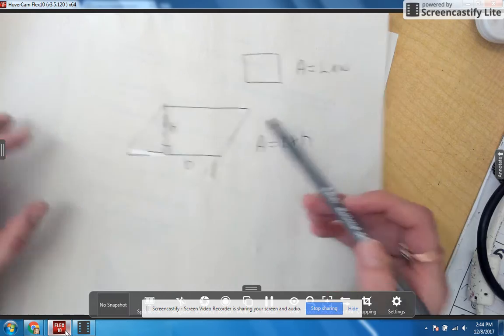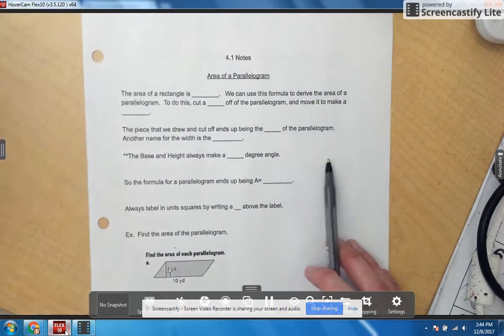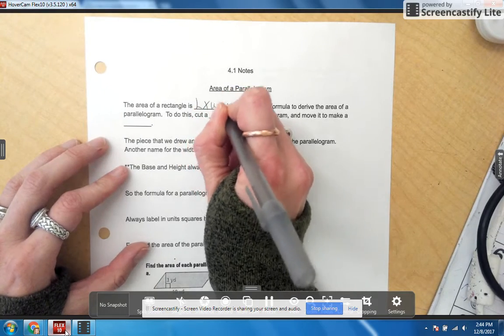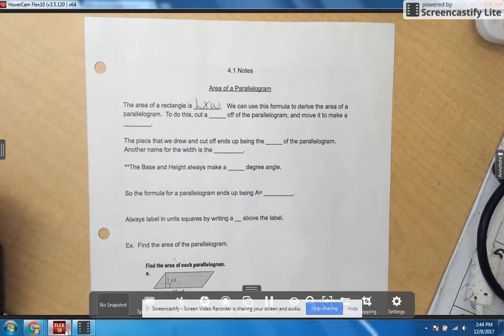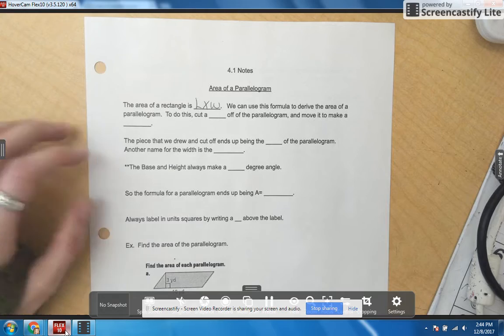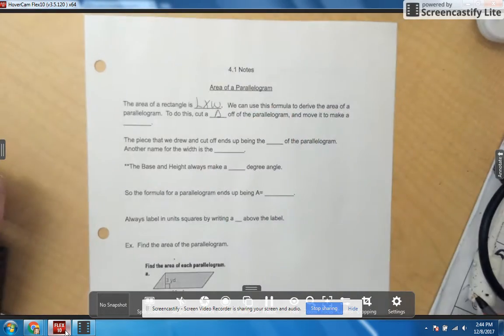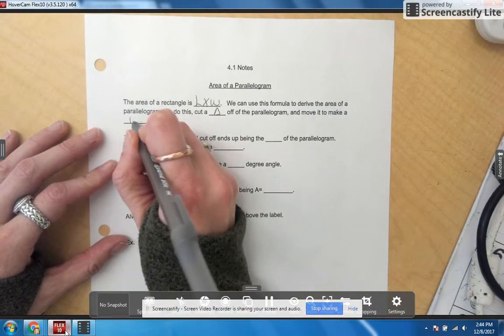All right, so let's fill out the notes keeping that in mind. The area of a rectangle, we just said, is length times width. We can use this formula to derive the area of a parallelogram. To do this, I cut a triangle off of the parallelogram and moved it to make a rectangle. So that's what I just did.